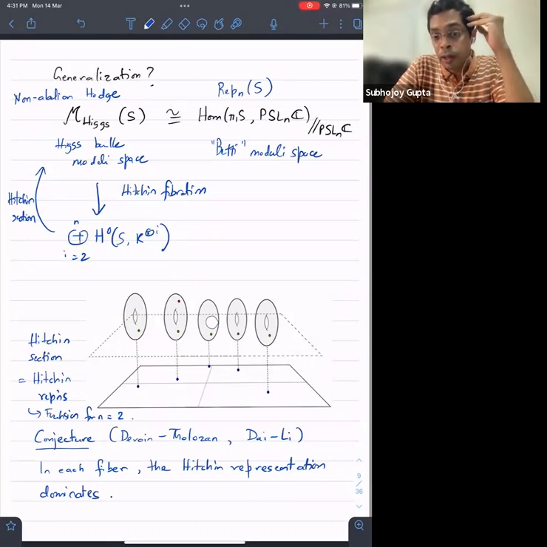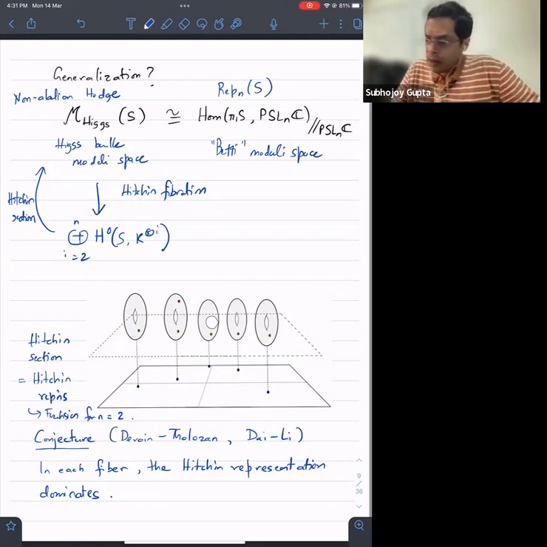You can also talk of Fuchsian representations in higher rank, which are compositions of the Fuchsian representation with an irreducible representation of PSL2R into PSLnR. But those are special representations amongst the Hitchin ones. But for n equal to 2, the two coincide. So Fuchsian representations are exactly the Hitchin representations. Anyway, this is a general conjecture which hasn't been proved. It's open.